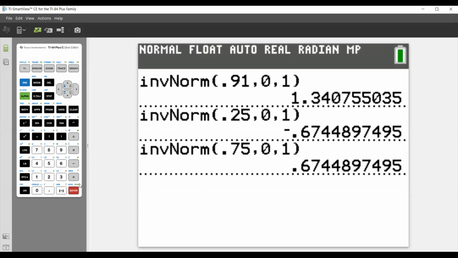See? And just to really test if you know things pretty well, what would be the 9th percentile? Again, looking at the screen here, what is the 9th percentile?